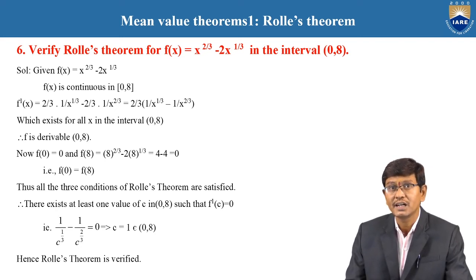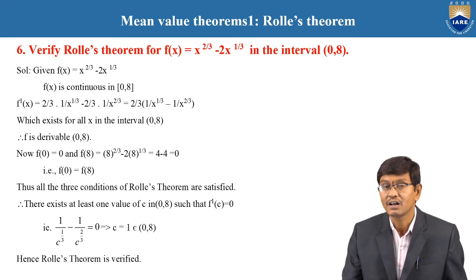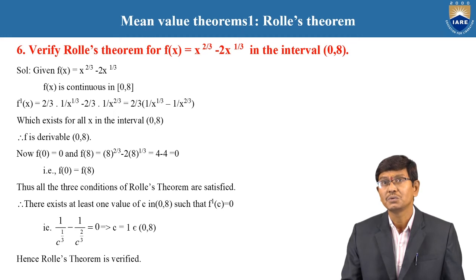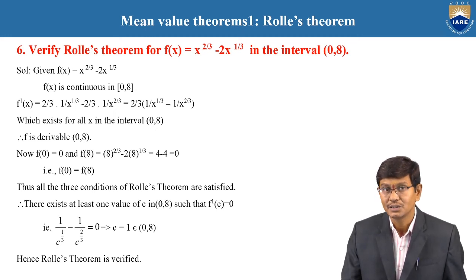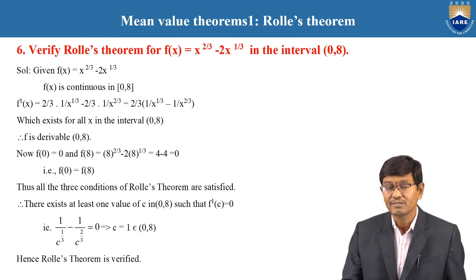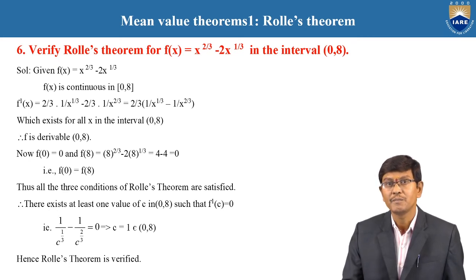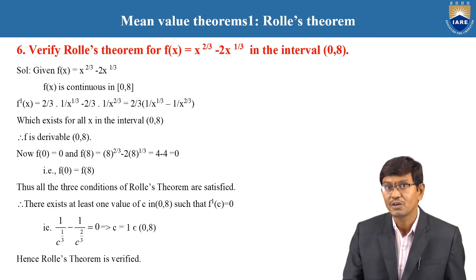And the third condition we need to verify is whether f of 0 is equal to f of 8 or not. Where f of 0 is 0 minus 2 into 0, so the total is 0. And similarly f of 8, at the point x equal to 8, is 8 power of 2 by 3 minus 2 into 8 power of 1 by 3.